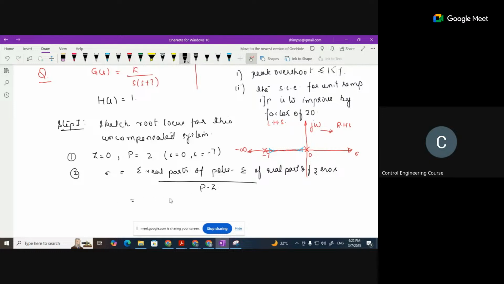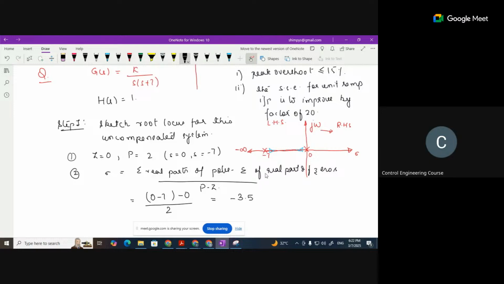So how much is it going to be? Real parts of poles is 0 minus 7, minus 0, divided by 2, right? Here for real parts of poles we have to take the algebraic sum, always remember that. So this comes out to be minus 3.5.